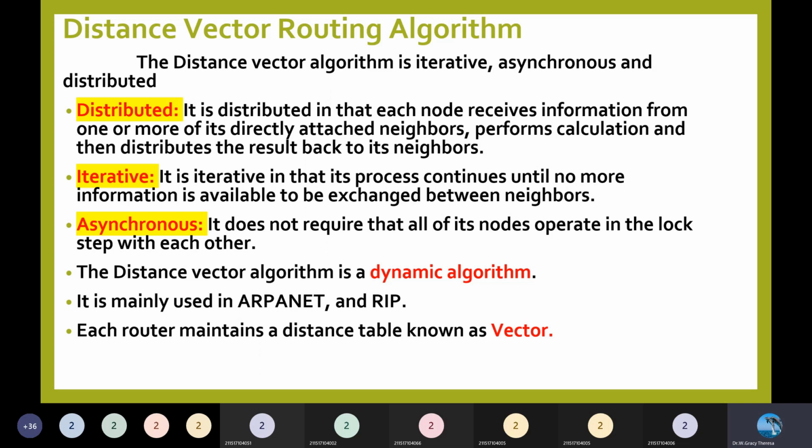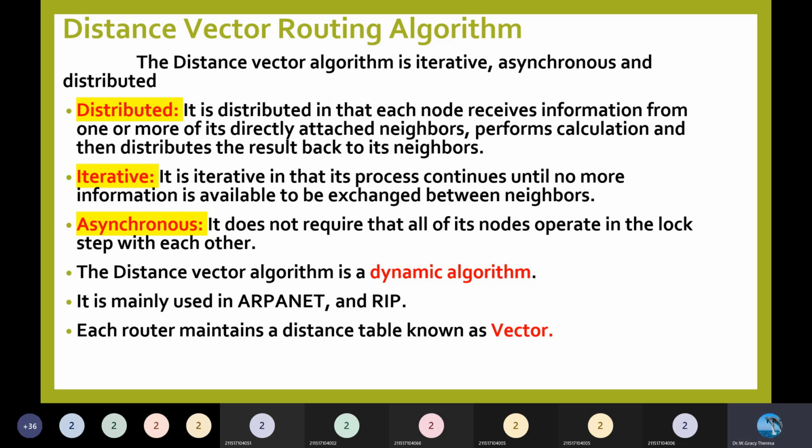And iterative means it happens iteratively many times. This sharing of information, updating, and then sending the information, and then getting the information and updating, goes on iteratively until it gets the idea of the entire topology it is set up in.